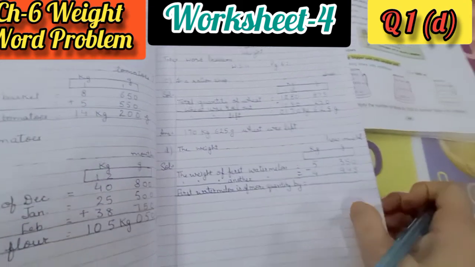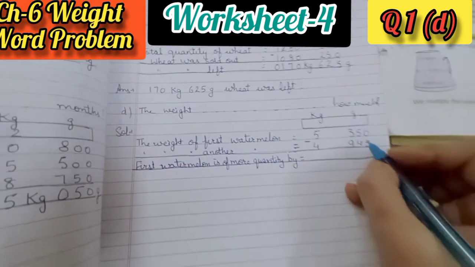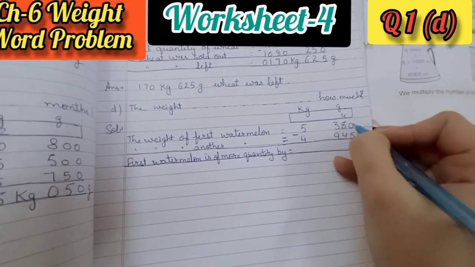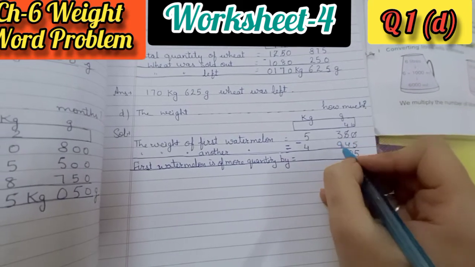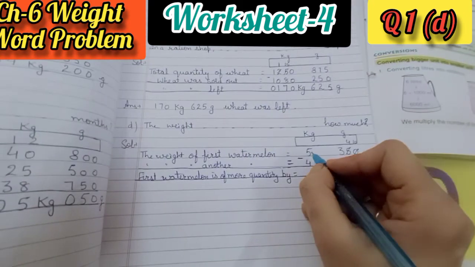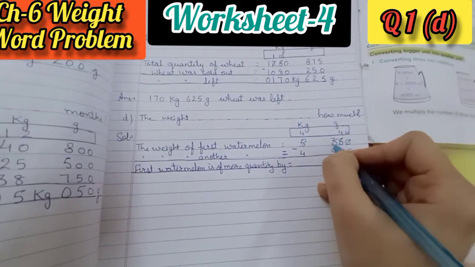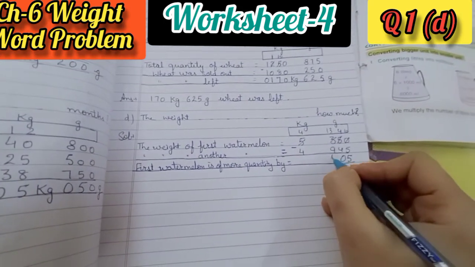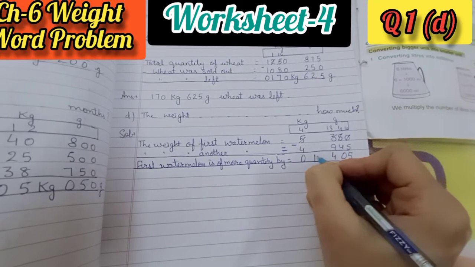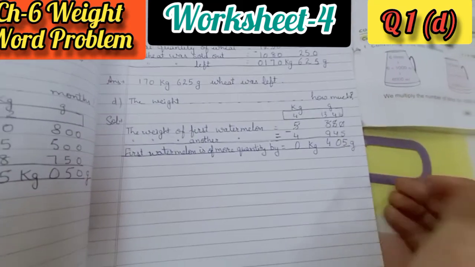Now 0 minus 5 we cannot subtract, we take borrow from 5 and here it will become 10. 10 minus 5, 4 minus 4, 3 minus 9 we cannot, so we take 1 borrow from kilogram, it will become 13. 13 minus 9, that would be 4, 4 minus 4, so 0 kilogram 405 gram.